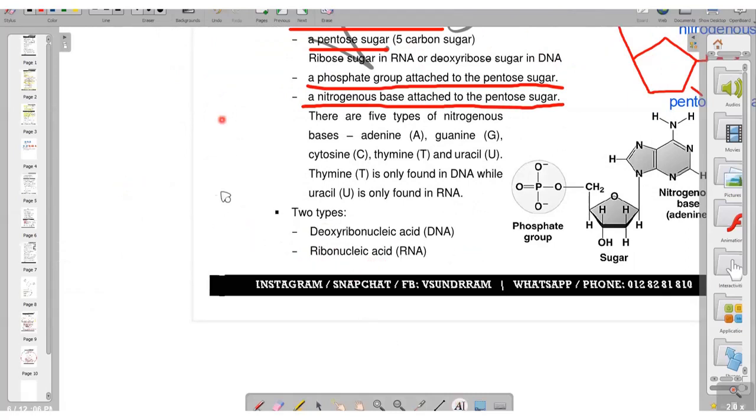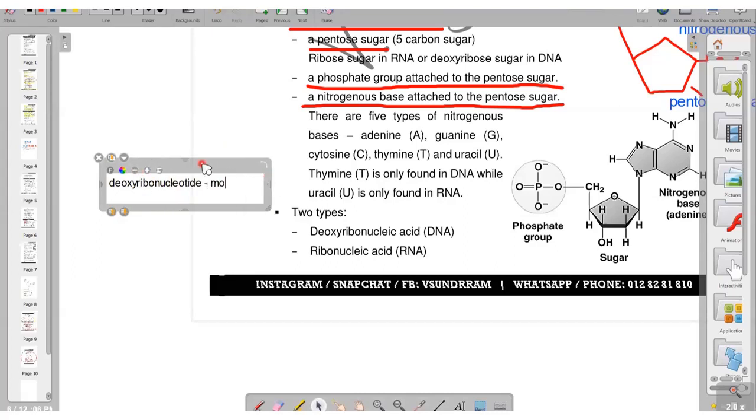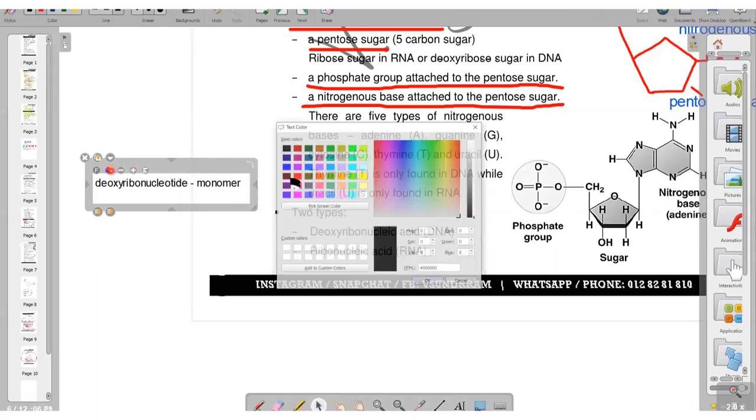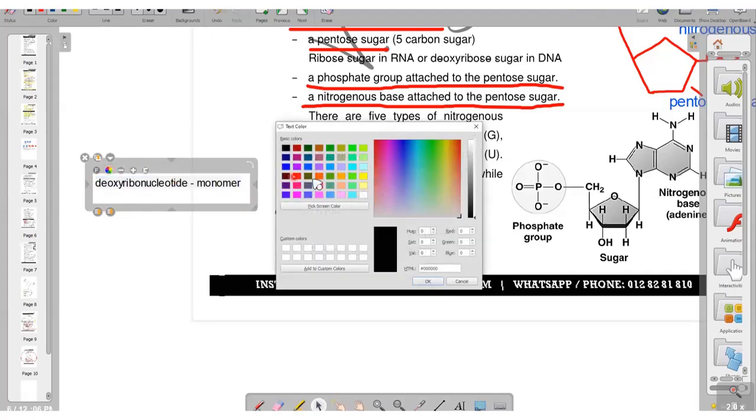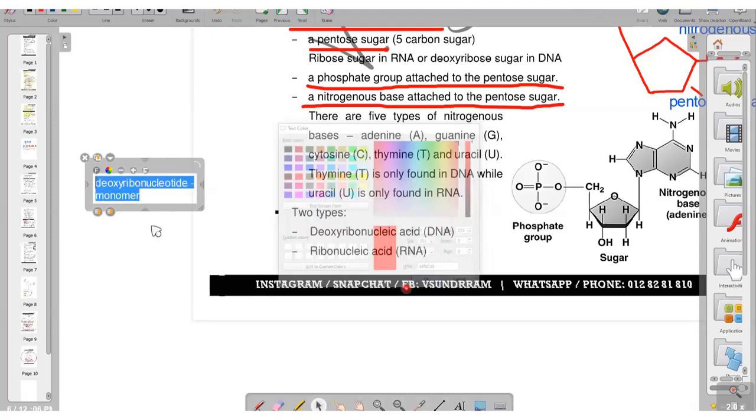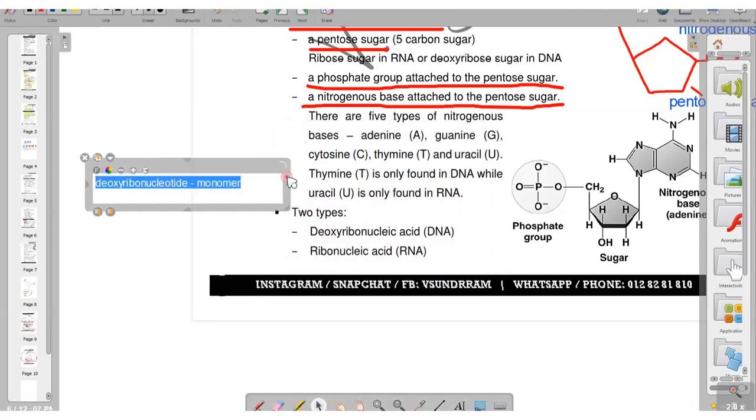Not enough space, so maybe you can write on this side. Deoxyribonucleotide, dash, monomer. For some reason I like red color, so I'll use red.